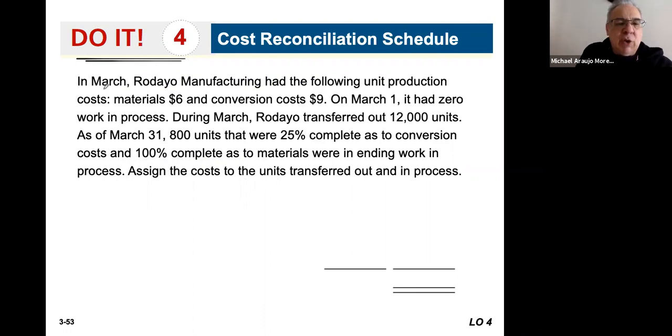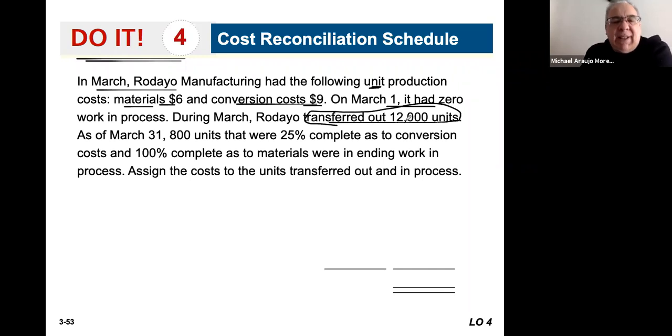Okay. So in March, Rodeo Manufacturing had the following unit production costs. Materials were $6 per unit, conversion $9 per unit. They started the month of March with no work in process. They transferred out 12,000 units, which means they had both the materials and conversion costs totally involved in those.